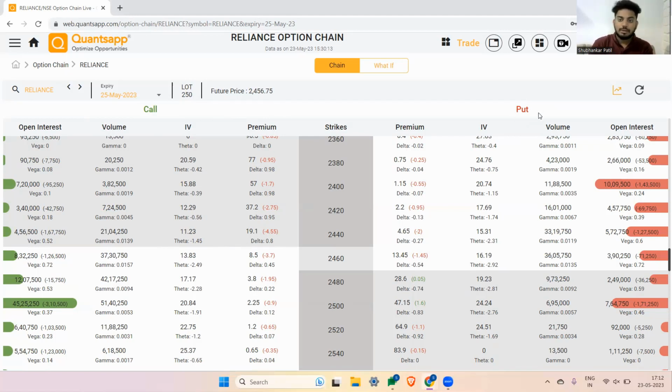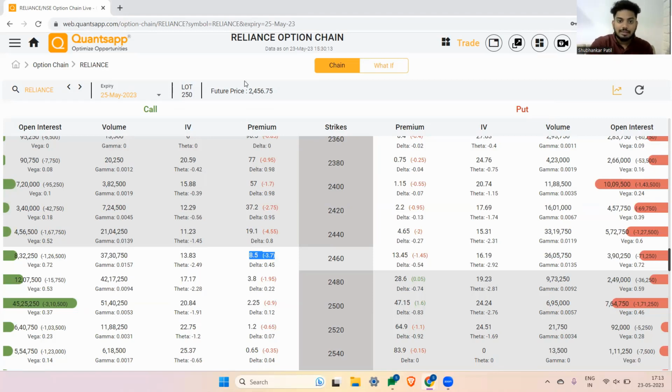Now when you're bullish on any specific instrument, let's say for an example, I am bullish on Reliance in this case. What is my first strategy? What comes to my mind is that I will go ahead and buy a call option, which is at 8.5 rupees maybe right now. So the 2460 call option, which is quoting at 8.5 rupees, I will go ahead and buy that.